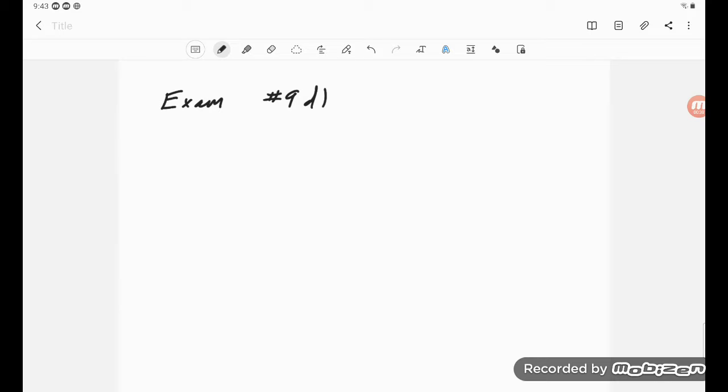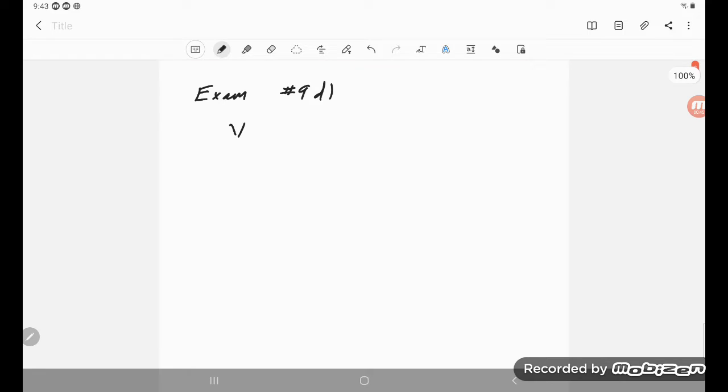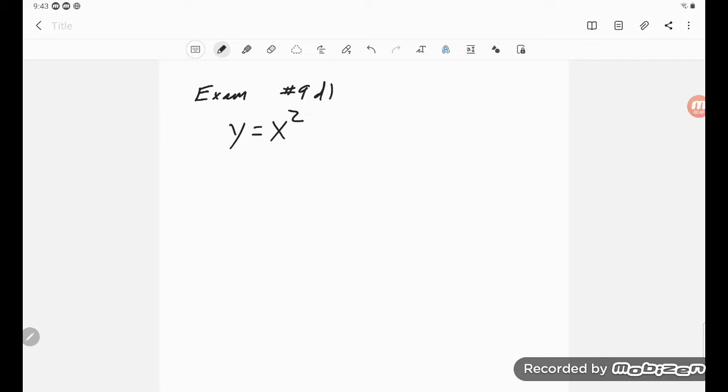Okay, so in 9D, we were supposed to find, for y equal x squared, its PMF.